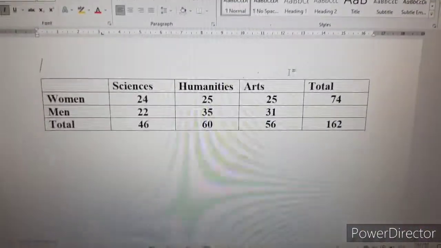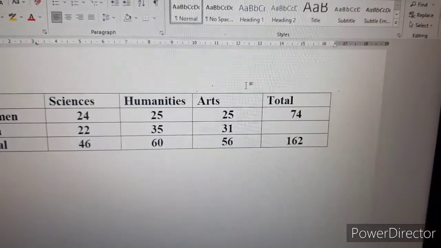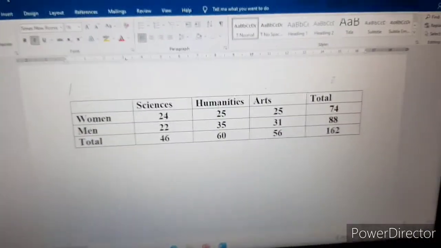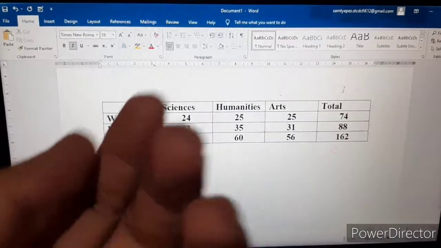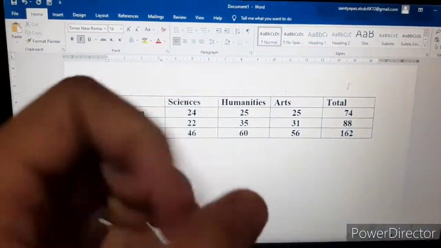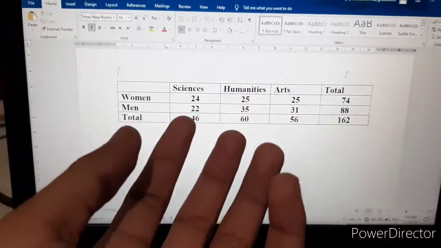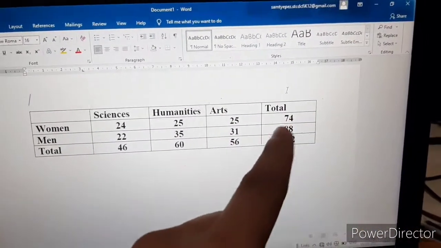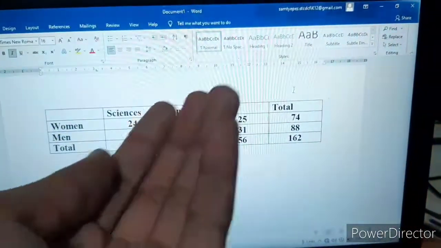So you're just going to add 22 plus 35 plus 31 equals 88. Yes, I'm sorry about how I discuss this, since it's the easiest, better way for me to discuss it to you guys. So yes, 88 will be the total of men in this problem.